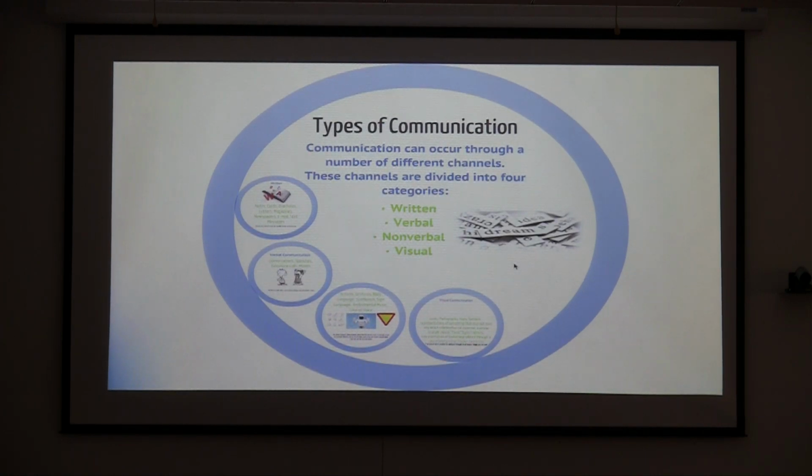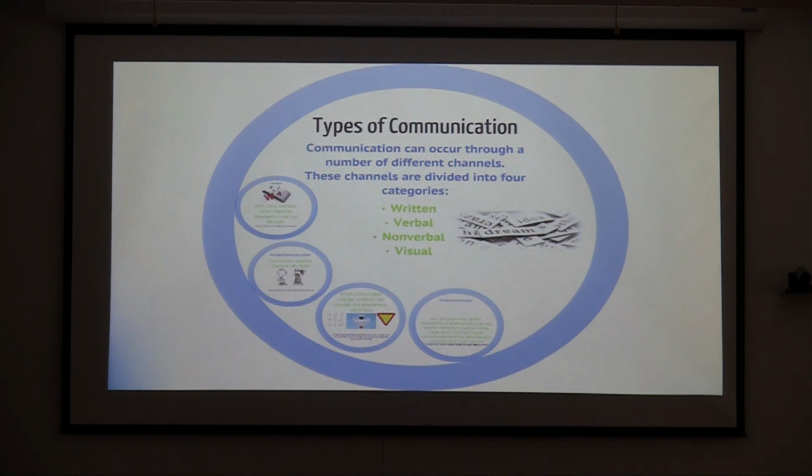There's written communication, like what you have in your packets, verbal communication, what I'm doing right now, actions, gestures, symbolism, like the yield sign or the stop sign that you see while you're driving, or what I'm doing with my hands or sign language, and then visual communication, which is charts, graphs, pictures, etc.